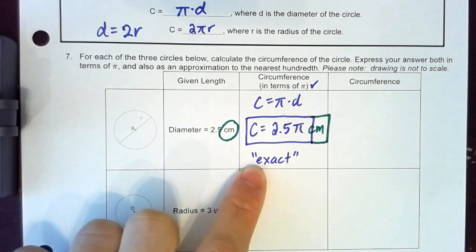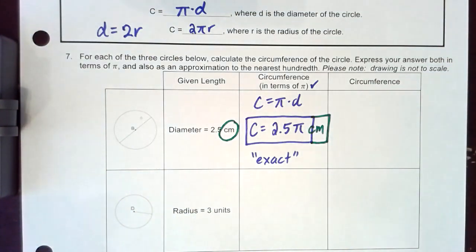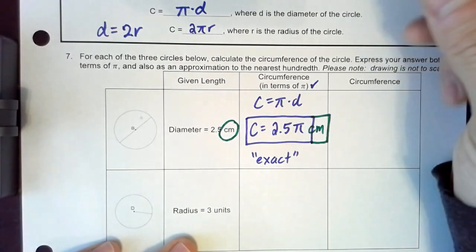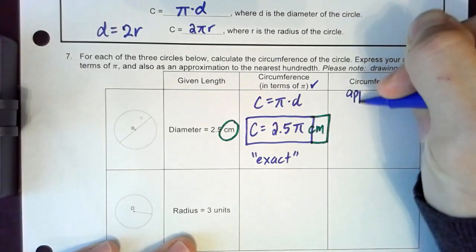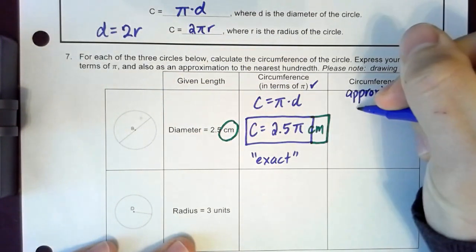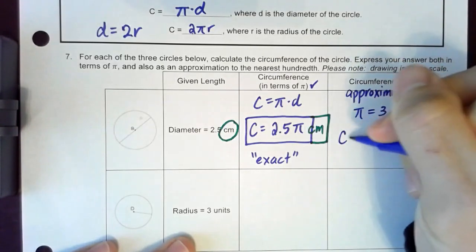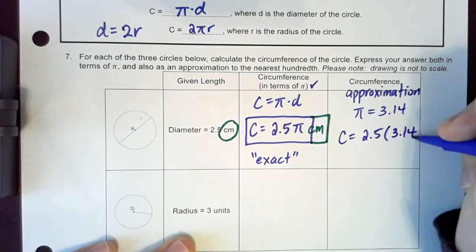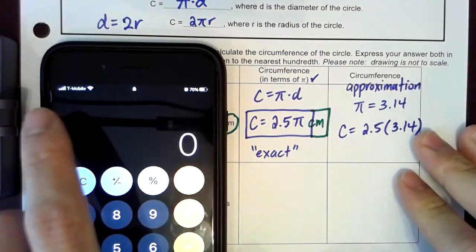but typically in real life we actually don't use pi because although it's more accurate, we actually want to know what the value is. So when they say to use 3.14, this is the approximation section. So pi is approximately 3.14. And then you're going to have to say, okay, so then I just have to take my calculator and go 2.5 times 3.14.